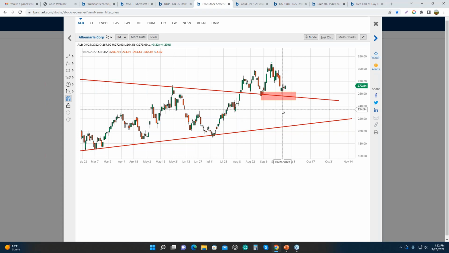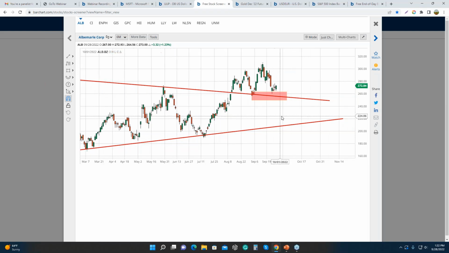I want to look for an opportunity to buy a pullback on a stock that has exhibited a longer term uptrend. Now, in terms of risk management on this one, this would be very easy risk management, right? Look for an entry somewhere in this area, and we could either use this last low right here or this last low over here to tell us that we're wrong.